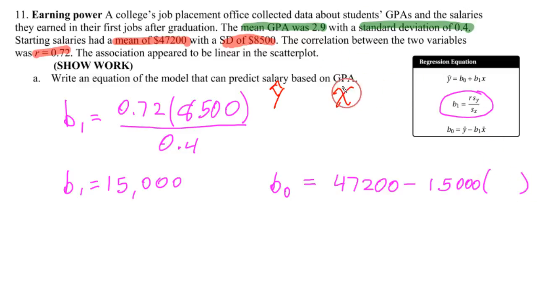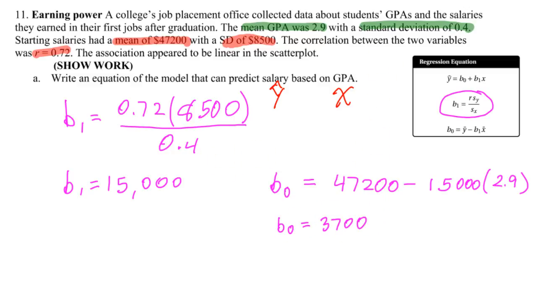X is my GPA, and the mean of the GPA is 2.9. So now 47,200 minus the 15,000 times 2.9, and I get that B0 is equal to 3,700.